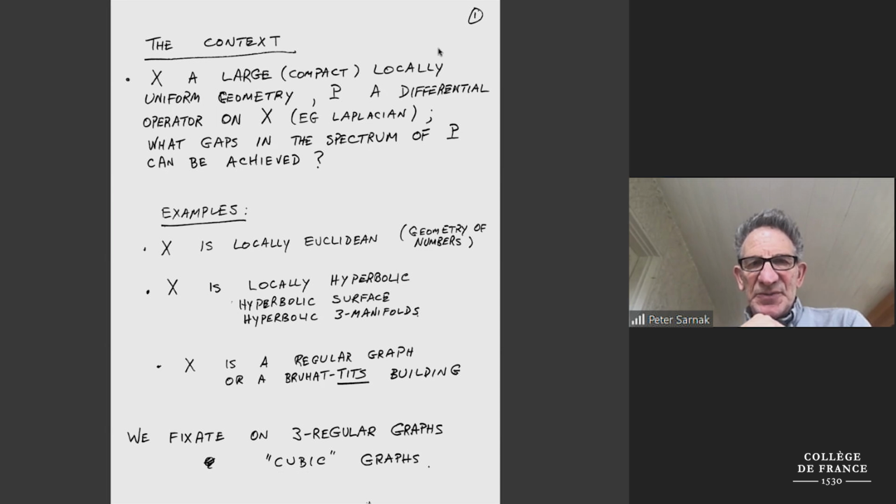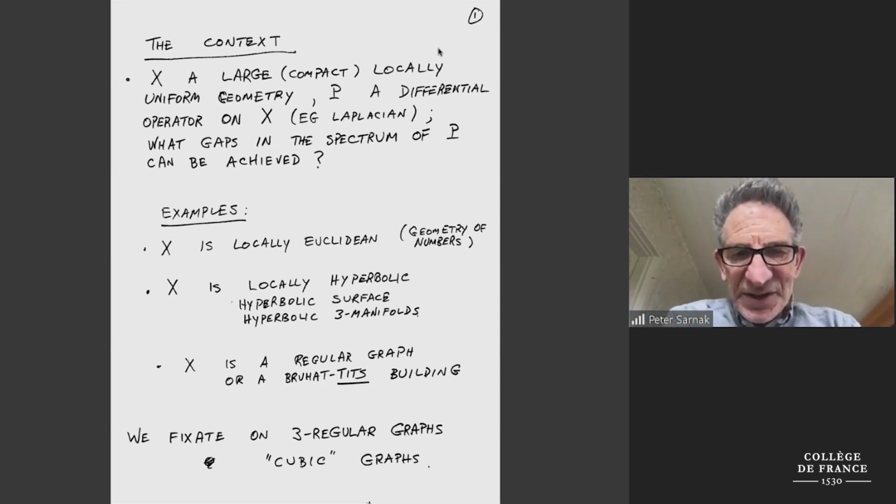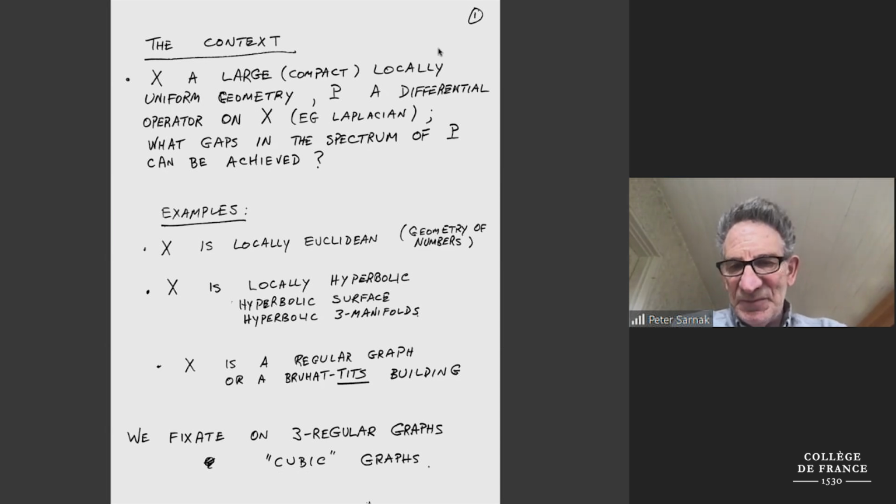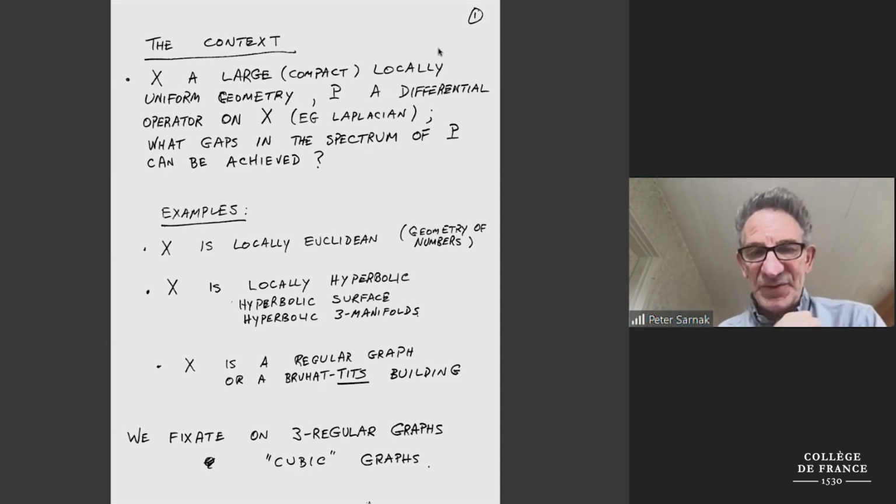I'm still setting up the context here. But perhaps the most interesting setting for me, maybe for Nalini as well, at least in her earlier works, are hyperbolic quotients. So your constant curvature spaces like hyperbolic surfaces. Hyperbolic three manifolds are very interesting, and the problems that we ask in that context are very interesting, and there are some interesting developments in recent times.